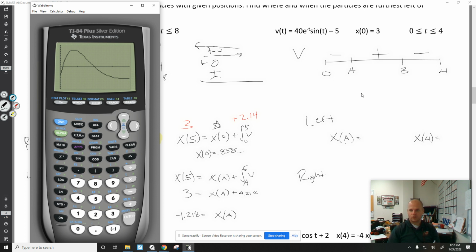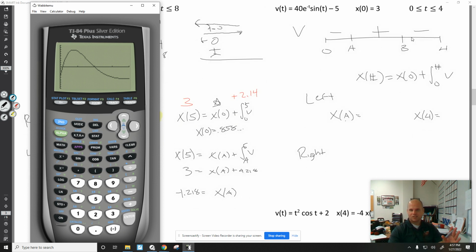And literally every single time I'm going to be using x of my number that I'm trying to find equals x of 0 plus my displacement from 0 to my number. So I don't have to worry about the crazy things where it's like future, past. Starting with x of 0 is 3. Furthest right. I start going left, and then I could end up furthest right at B because this is when I change directions from right to left. Okay? So these are my options.